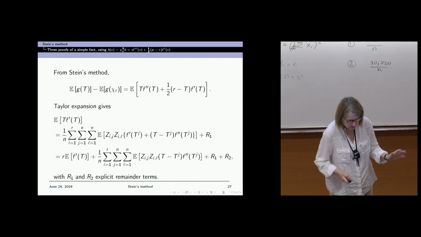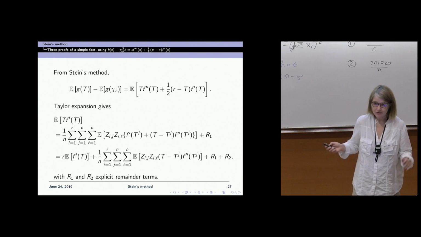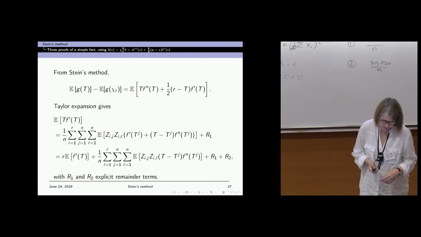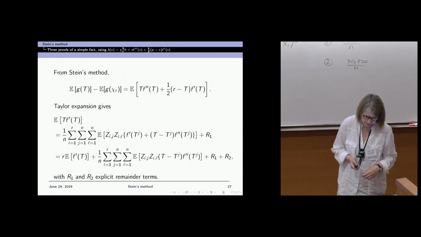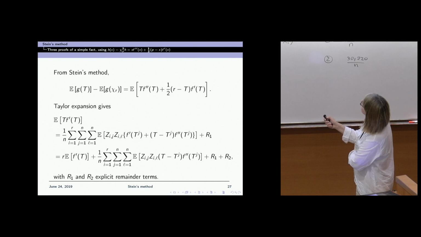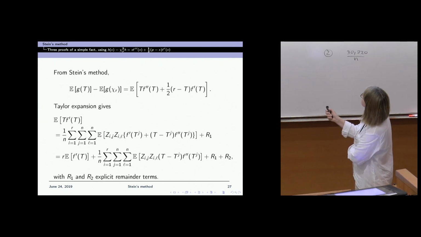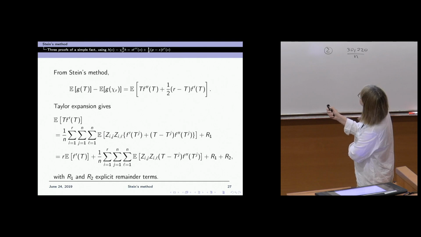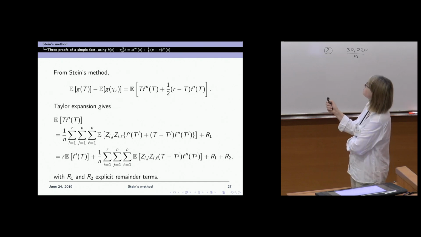And then again, we can do the Stein's method explicit expansion for the Stein equation. And so I just put in what T is. So in the first part here, you see Zij, Zil, and I've got Tj here, f prime of Tj.